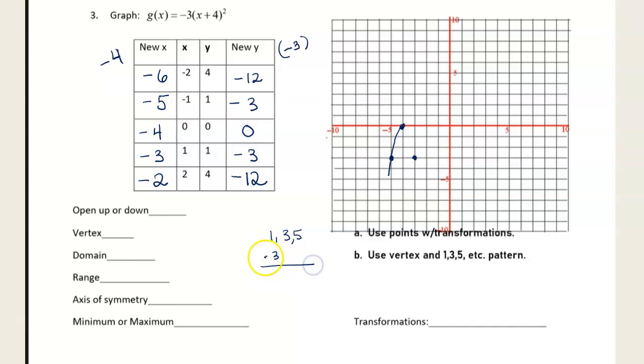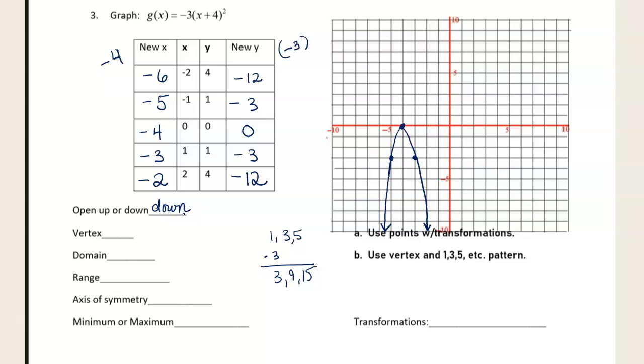So we're going to multiply by 3. So we have 3, 9, 15. So we can go over 1, up 3, over 1, up 9. It's still not going to fit. So we're just going to continue. So it opens down because it has a leading coefficient that's negative.